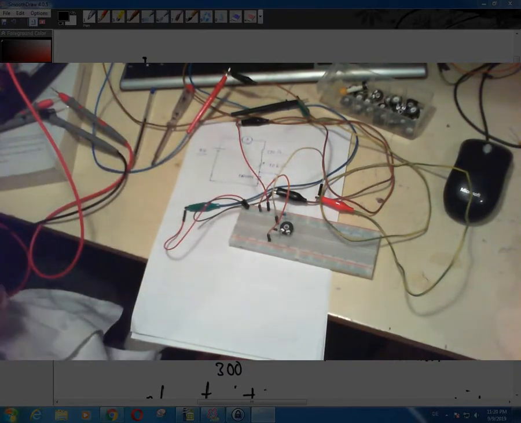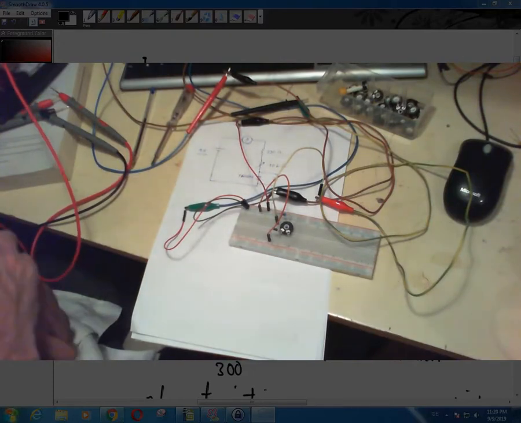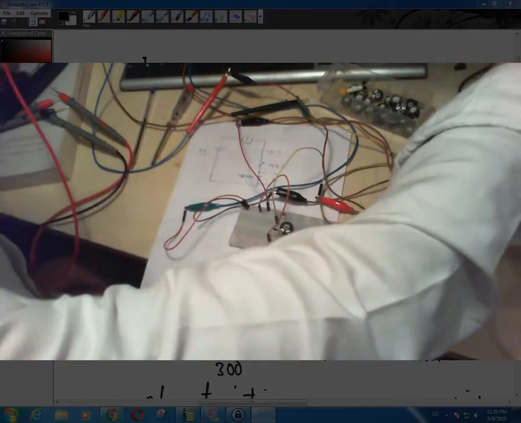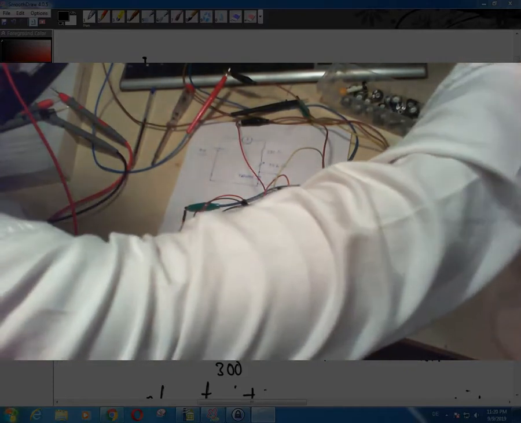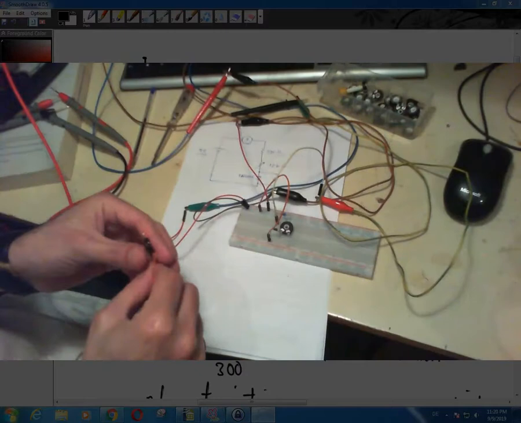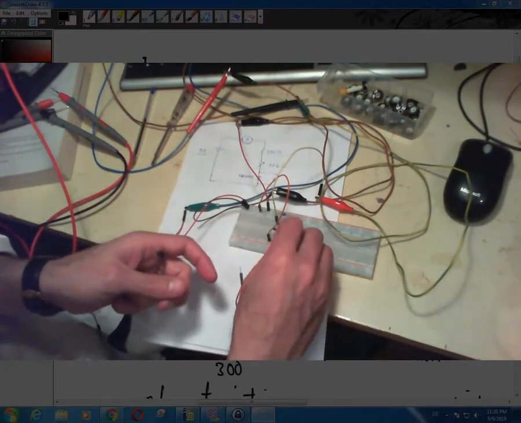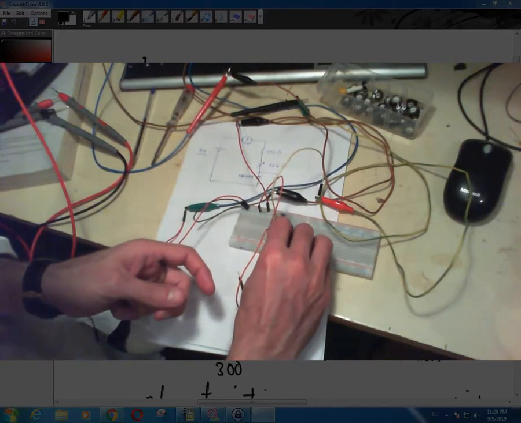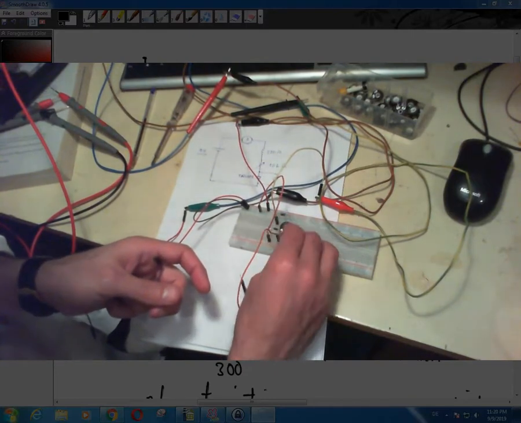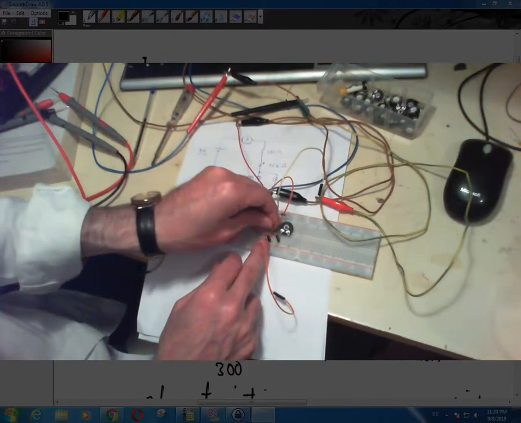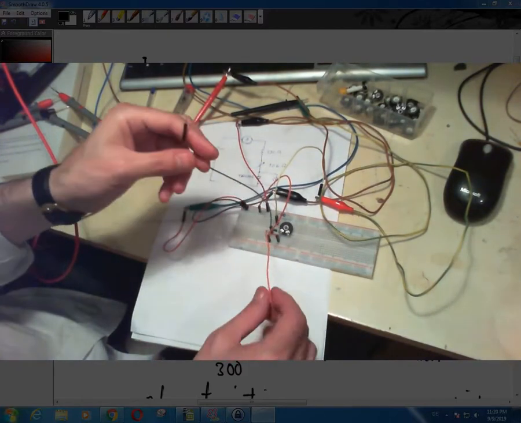So what I'm going to do is basically use two of these wires again to watch the voltage on the two leads of the diode. So I connect one of them to one lead of the diode, and another one to the other lead of the diode.